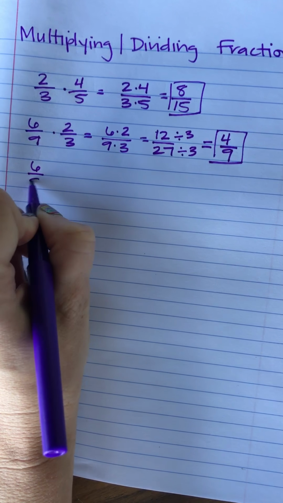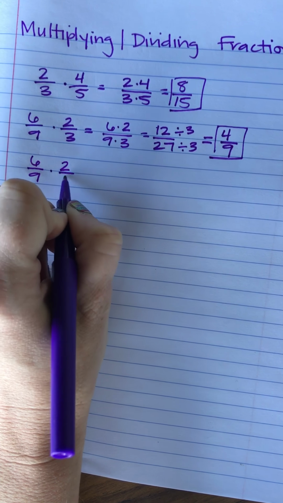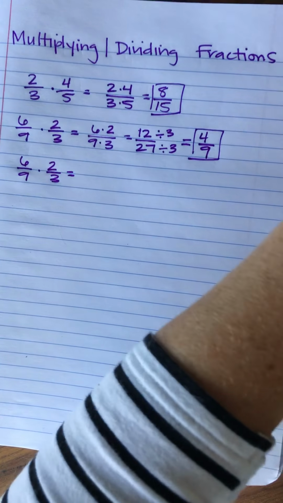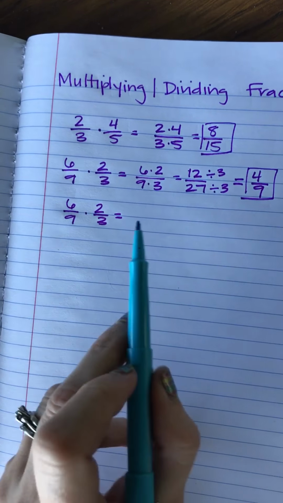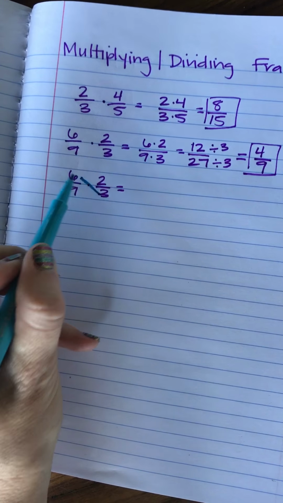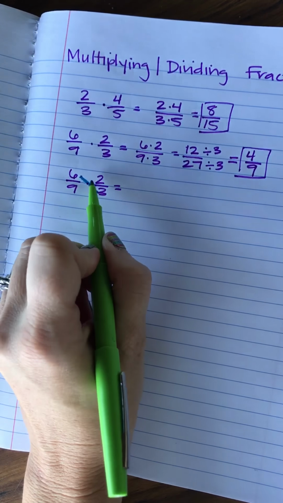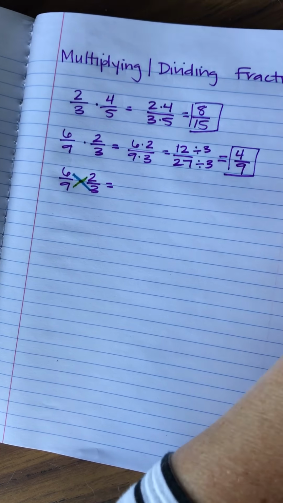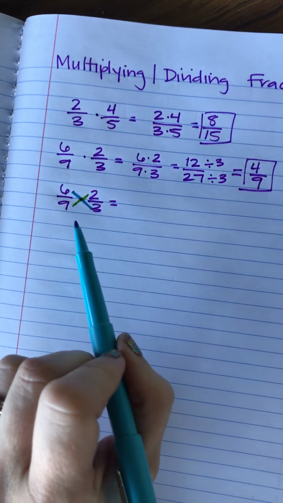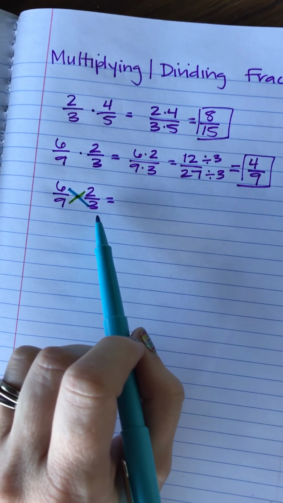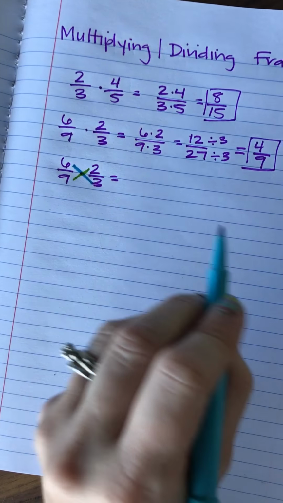So we have 6/9 times 2/3. You can look at the cross number, the diagonal number, to see if you can reduce them at all. So 6 and 3 are both divisible by 3.